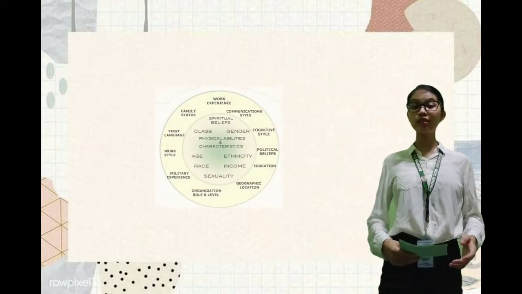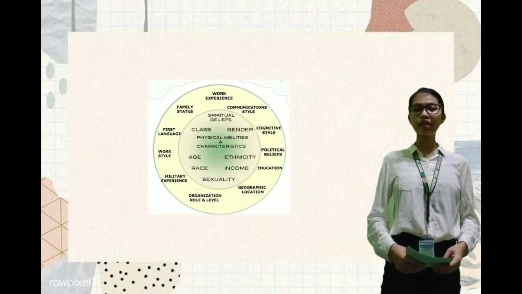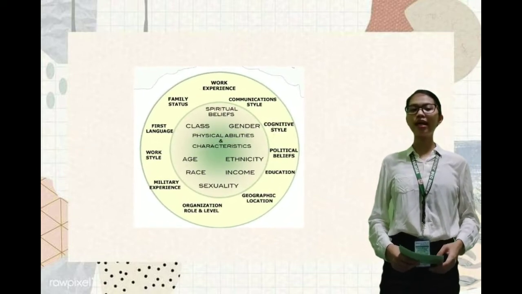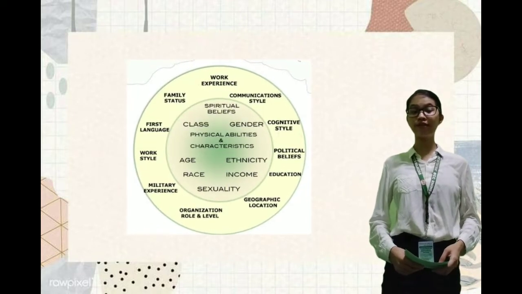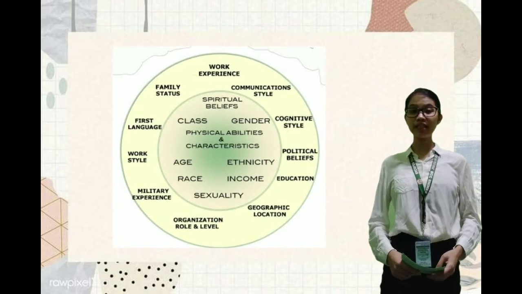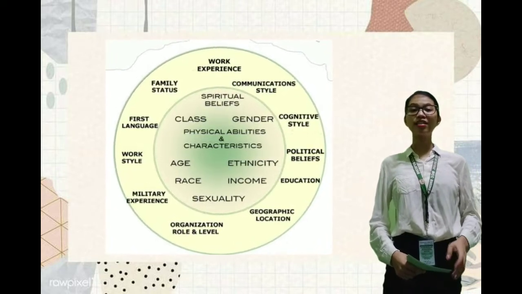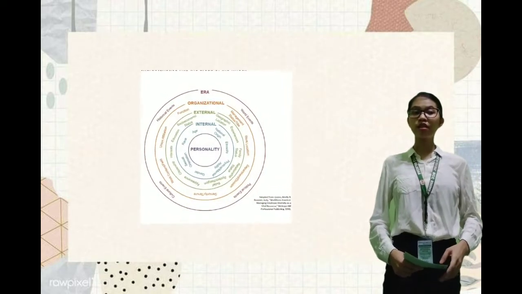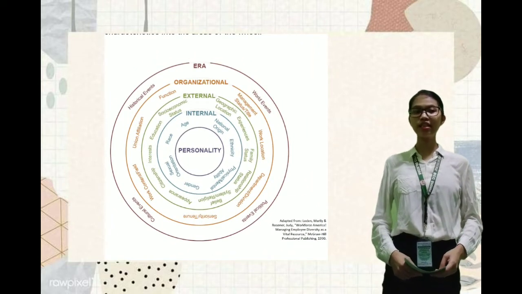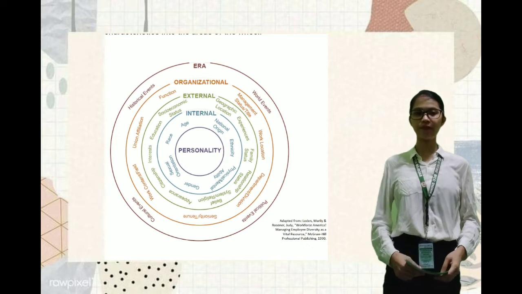The original version of the diversity wheel model appeared in Marilyn Loden and Judy Rosner's book, Workforce America: Managing Employee Diversity as a Vital Resource, Irwin Publishing, 1990, and a second version was published in Loden's 1996 book Implementing Diversity, Irwin Publishing.